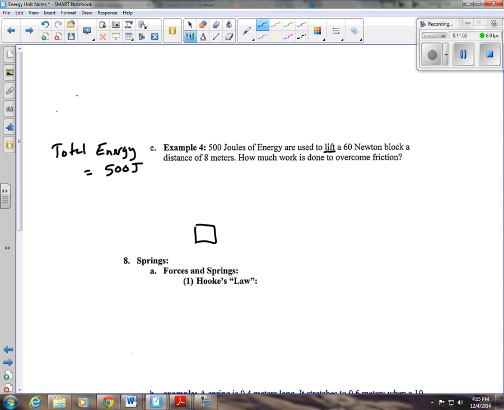So I have a 60 newton block. What does that tell me? It's telling me the force of gravity. So I know that the force of gravity on this is 60 newtons, which means the mass of this is going to be 6 kilograms. And I'm going to lift it a distance of 8 meters. And we're thinking about energy.